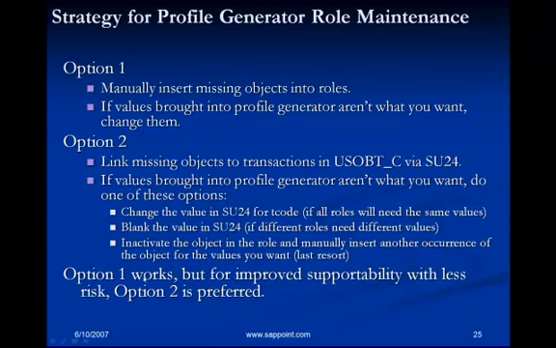Now option 1 works, but for improved supportability with less risk, option 2 is preferred. So whenever there is a problem with an object, you basically do the maintenance in SU24 first. The problem could be because the object didn't come into the role automatically, or the object did not come into the role with required values. The idea is you should avoid object maintenance in the profile generator.